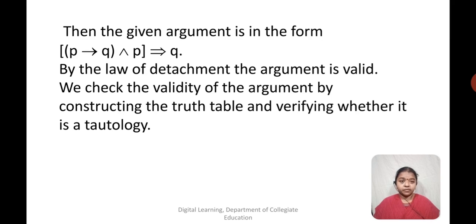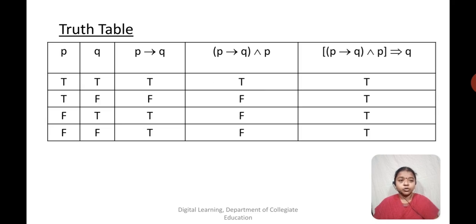What we have to do is consider the truth table for the entire given expression and check if in the last column everything is capital T. If the last column contains all the truth values as T, then we know it is a tautology. So let us construct the truth table. You know there are two propositions P and Q. So let me write the first column as P, the second column as Q. By now you all know how to write column P and column Q.